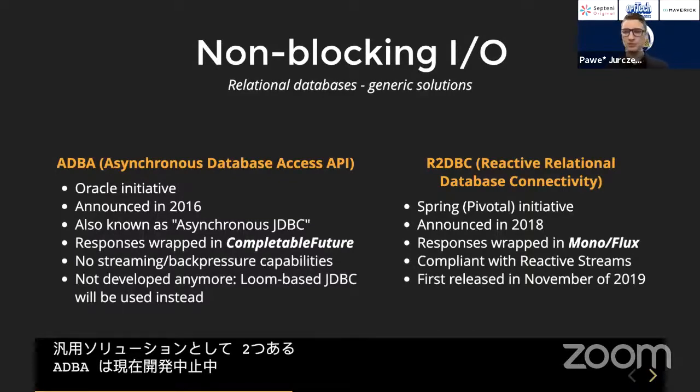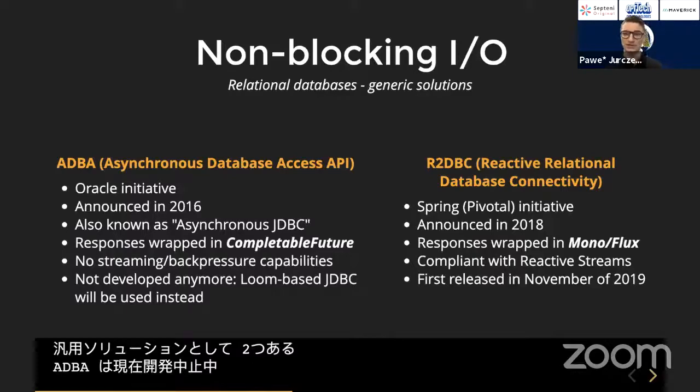The second approach, the second solution, is an initiative by Pivotal, which is the company behind Spring. The API of the solution is organized around Project Reactor, so the returned data types will be Mono and Flux.